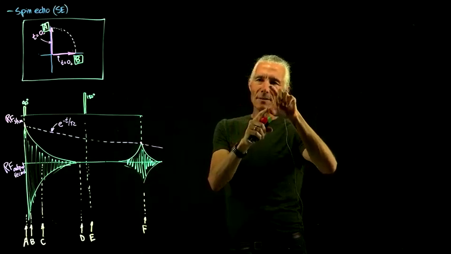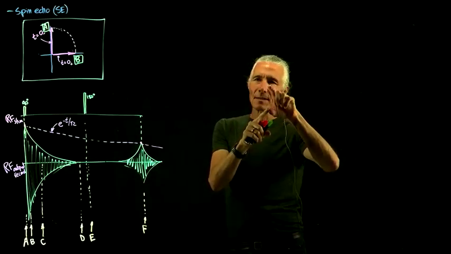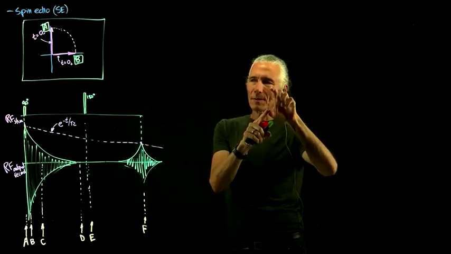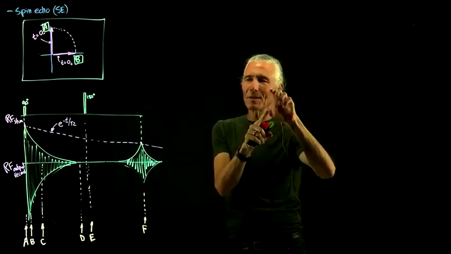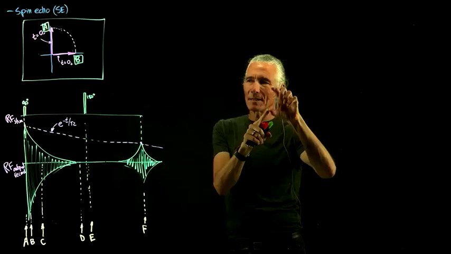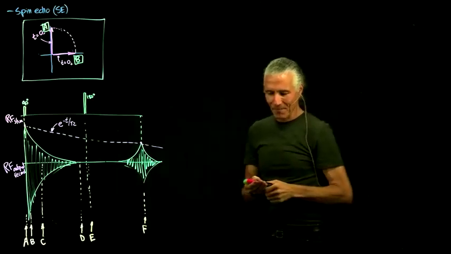But if different parts of the sample have different B's, then you've got to have a second Bloch equation, or 1,000 Bloch equations for each of the slightly different B's. And so we'll just consider 2 Bloch equations.